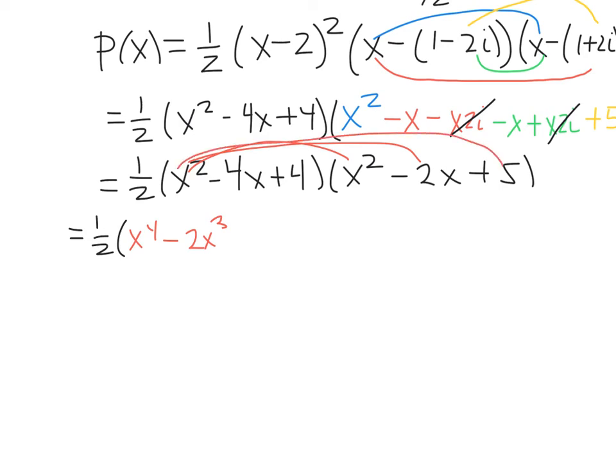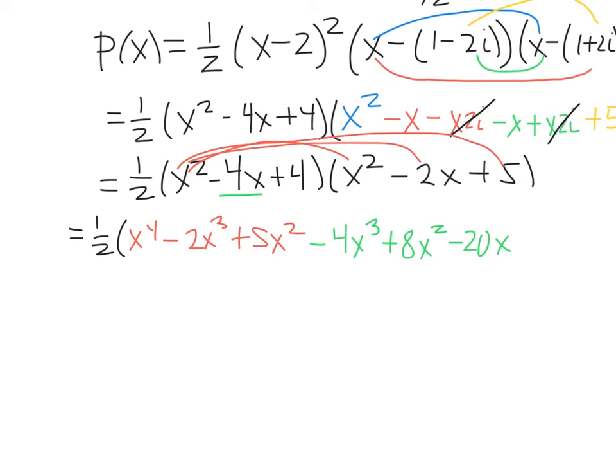X squared times 5, we get plus 5x squared. Okay, now we're going to multiply everything by negative 4x. So negative 4x times x squared, we get negative 4x cubed. Negative 4x times negative 2x, we get plus 8x squared. Negative 4x times 5, we get minus 20x.